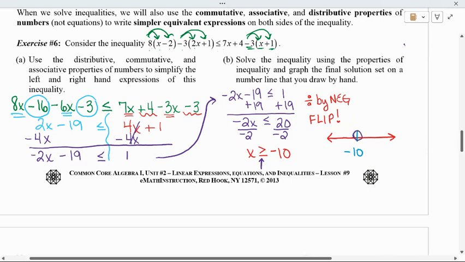Closed circle because of the bar underneath the inequality. Which way am I going to shade? Which way is my inequality pointing? To the right. Shade to the right. Okay. Good job.